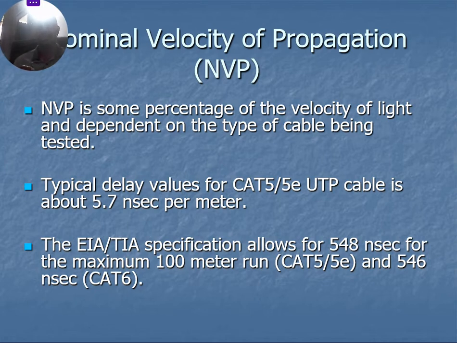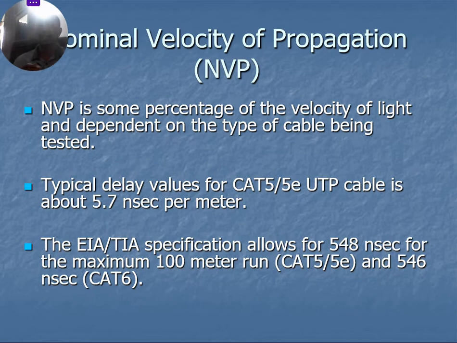Nanosecond means 5.7 times 10 to the power of -9, which means 0.0000000057 seconds. This is the amount of delay that happens. It is really infinitesimal in many cases, but we still have to learn it because this is engineering. We don't leave anything untouched.